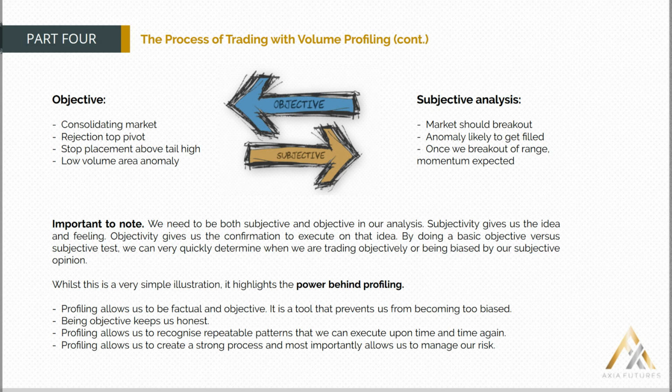Again, what we're merely stating here is a fact-based approach to how we wish to execute. Allowing ourselves to execute in this manner will ensure that we remain objective. And last but not least, a low volume area anomaly. Stating a fact is remaining objective. There is a low volume area which the market has very quickly auctioned away from. This is an objective fact.